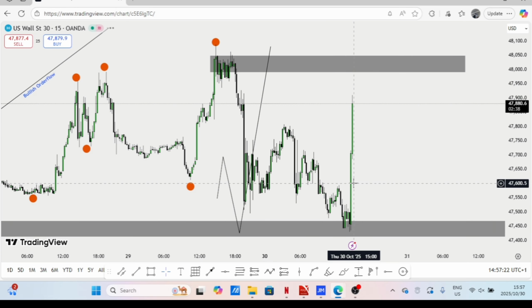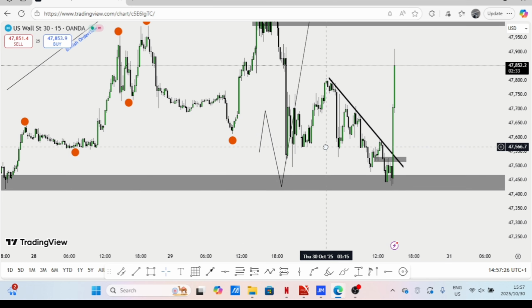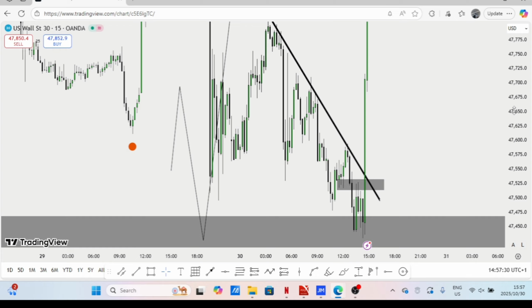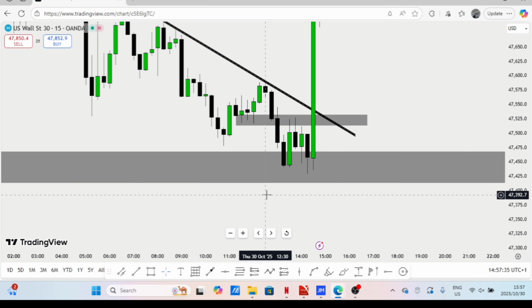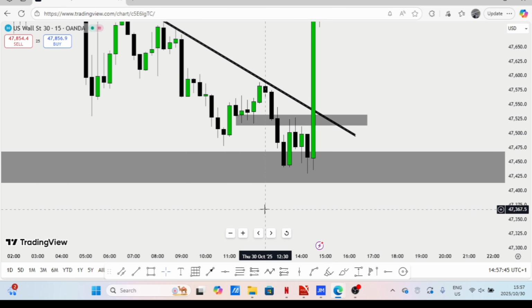But with USDT, what happened is that I waited for the market to get to my zone. Once the market gets to my zone, guys, I do not just enter right away. What I do is that I wait for the system to give me some sort of confidence or indication that the market is going to the upside or to the downside.